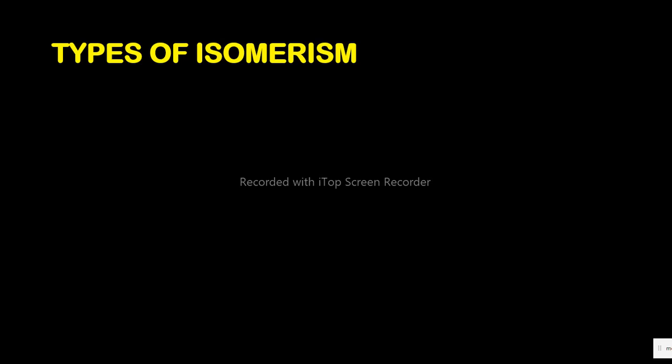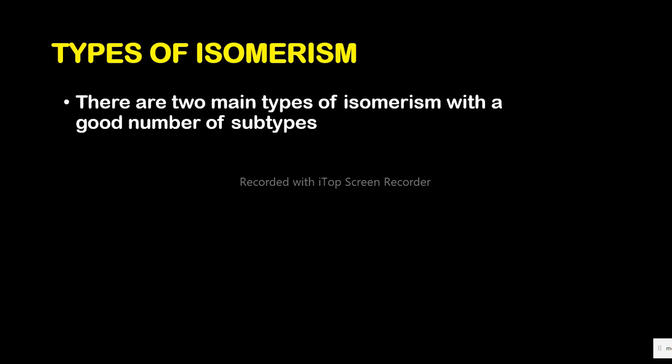We shall see that there are two main types of isomerism, and each type has a good number of subtypes. You should know all of them, and how isomerism can be classified. But mainly there are two.